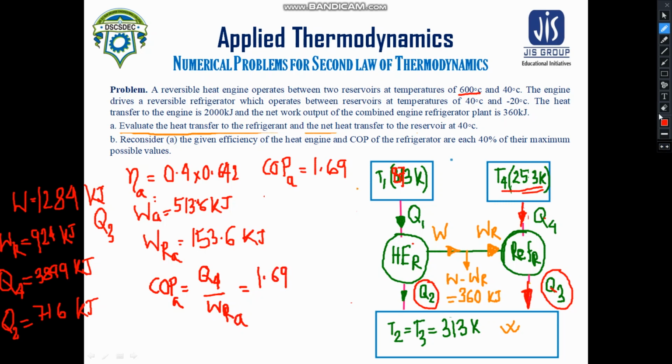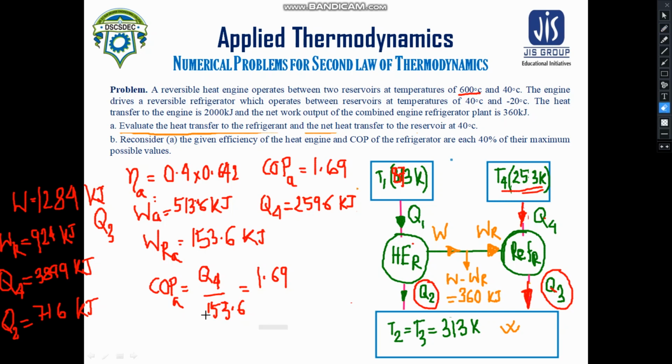You know this WRA as 153.6, right? So you can simply multiply these two and you will be able to find the value of Q4, which, after doing the relevant calculations, you will find as 259.6 kilojoules. So you have found out the value of Q4. Now you need to find out what is the value of this Q3. How can we find that?